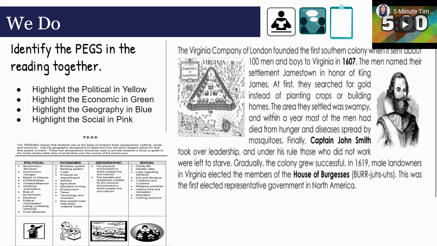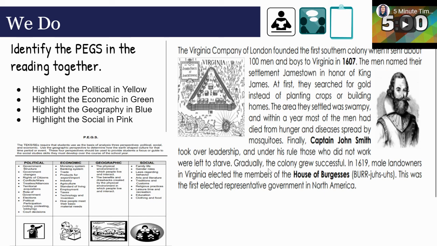Economics. Okay. The area they settled was swampy. And within a year, most of the men had died from hunger and diseases spread by mosquitoes. So they were swampy with mosquitoes. That would be geographical. Okay. And then some could argue that you could underline this where Captain John Smith took over leadership and he implemented the do not work, do not eat, or do not work, starve policy.